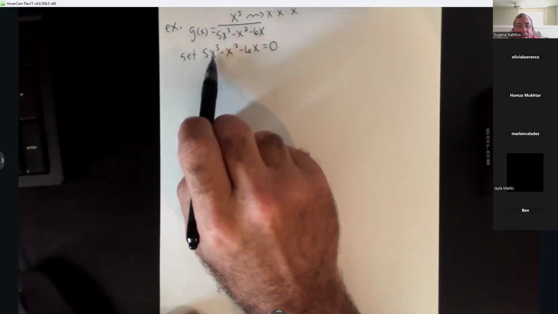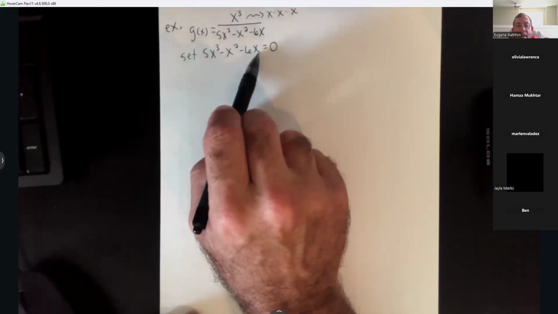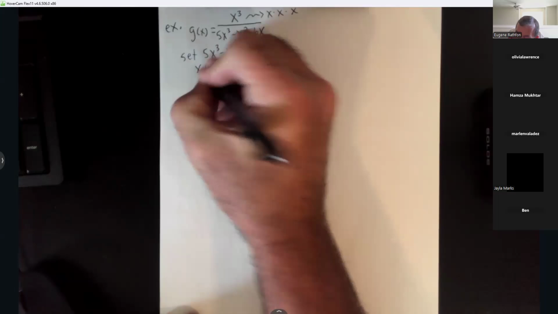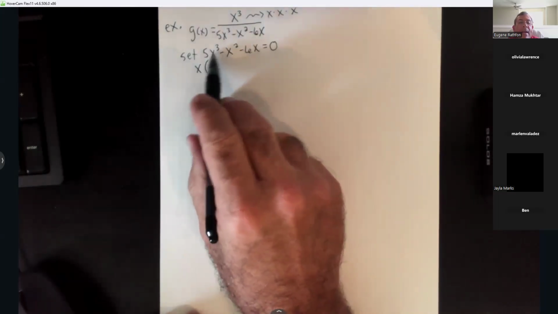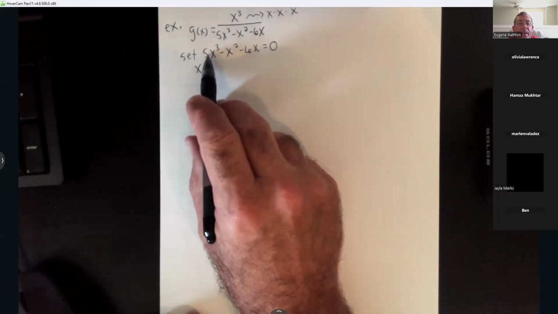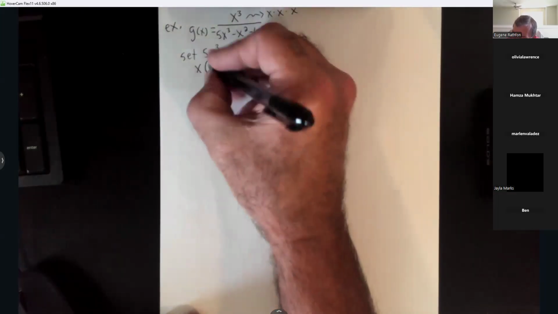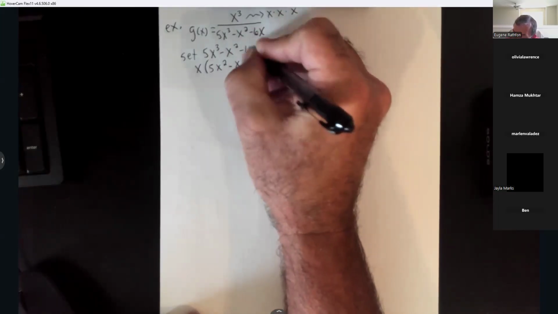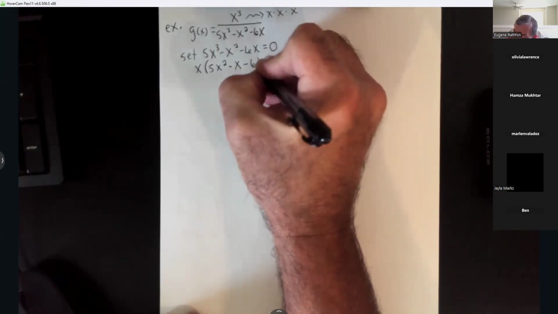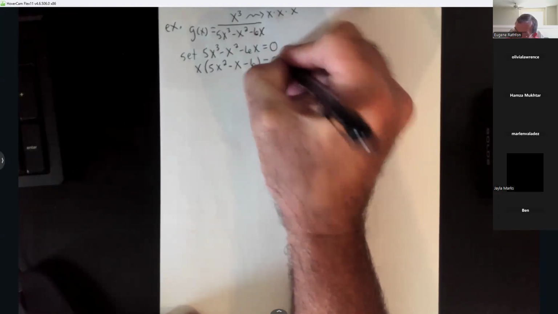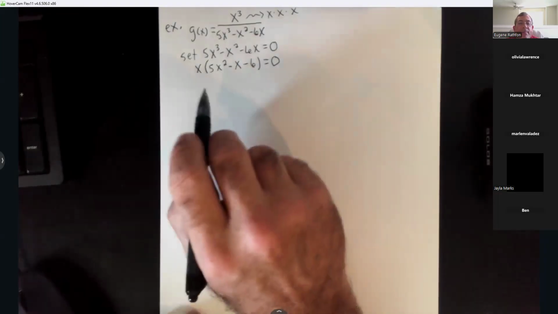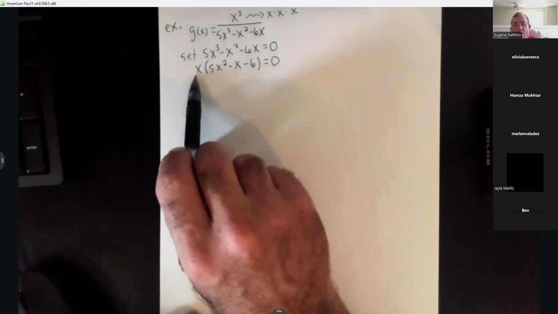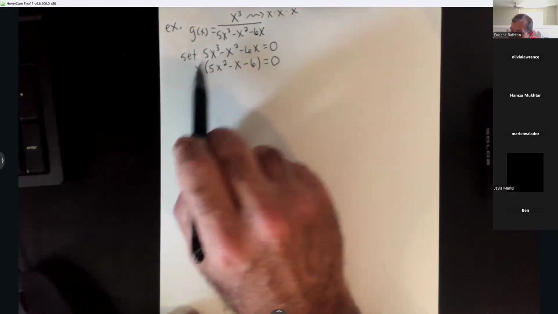So the first thing, you got an x and an x. So on this one, we do have a greatest common factor of an x. So we need to divide out one of these x's and then get in here. That'll give me a 5x squared right here, minus an x and then minus 6, all equal to 0. So I'm going to finish factoring, but I want y'all to see something. One of the factors is a single x.